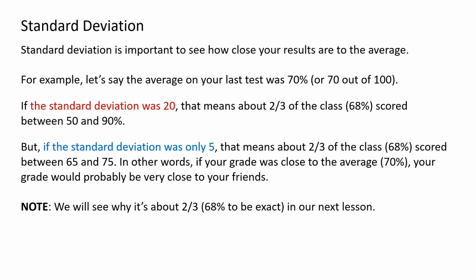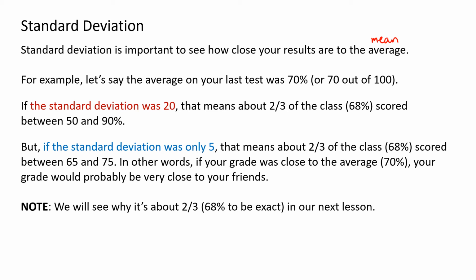So I want to give you just a written example to explain a little bit more about what this means. The standard deviation is very important because, like I said, you want to see how close your results are to the average, or the other term you've seen, the mean. For example, let's say you have a class average of 70%, or 70 out of 100.